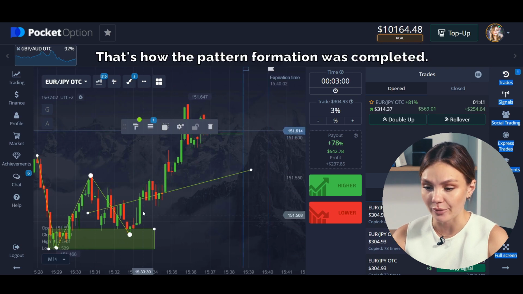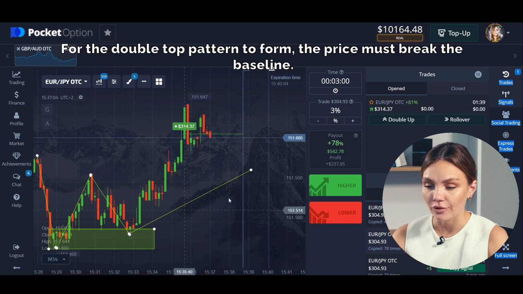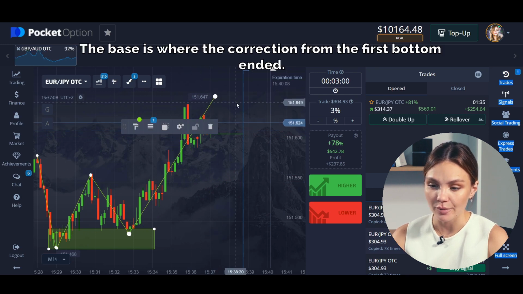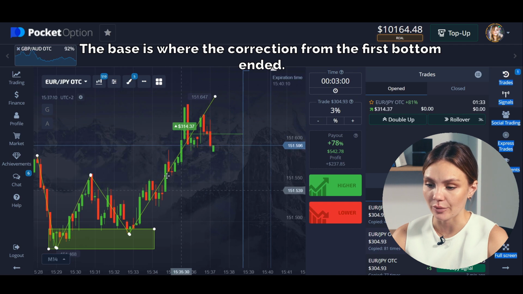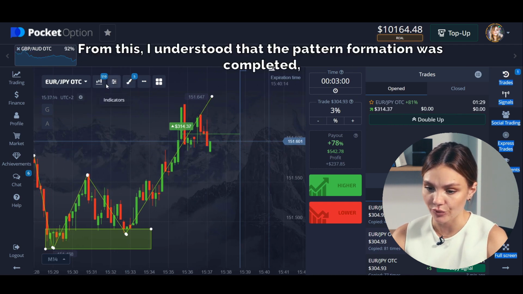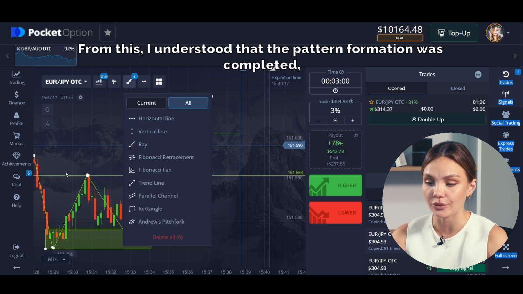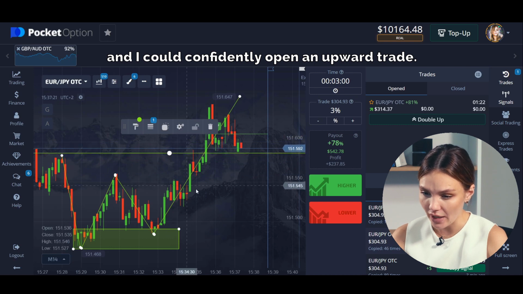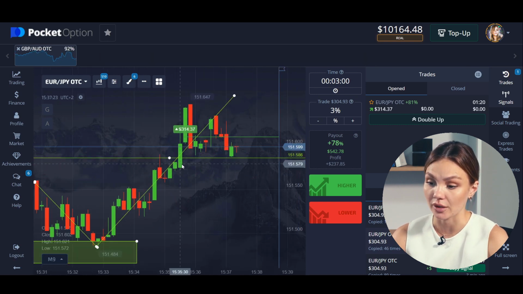That's how the pattern formation was completed. For the double bottom pattern to form, the price must break the baseline. The base is where the correction from the first bottom ended. The price broke the base level with two large green candles. From this, I understood that the pattern formation was completed, and I could confidently open an upward trade. Now I can wait for the trade to close in a minute.